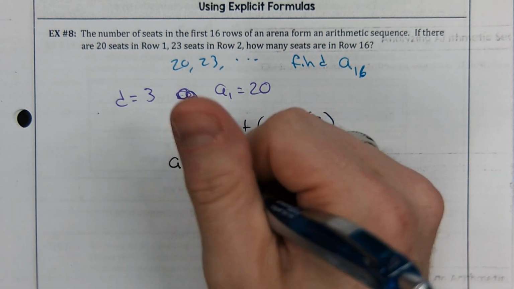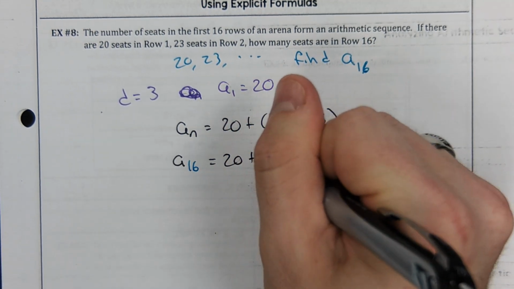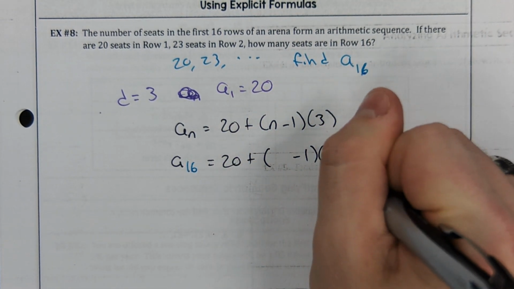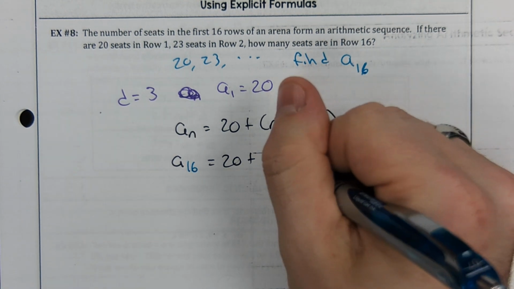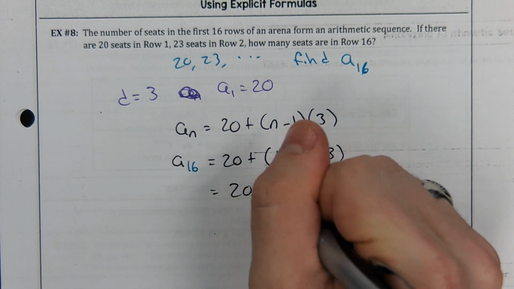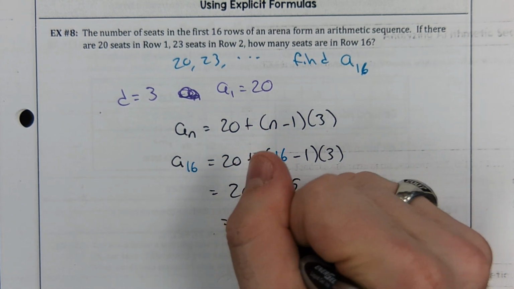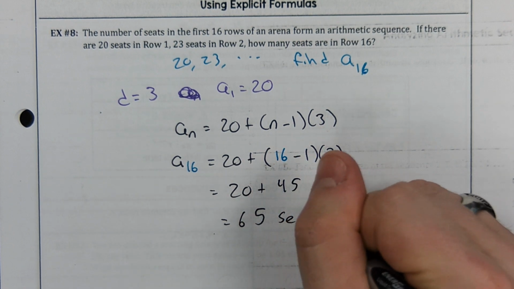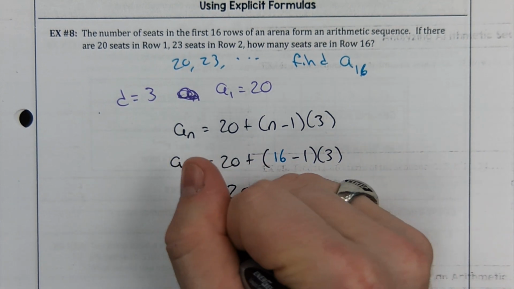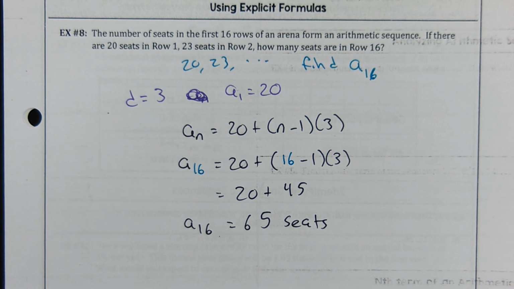So row 16 is 20 plus 16 minus 1 times 3. That is 20 plus 15 times 3. There are 65 seats in row 16. How about that? Easy peasy, huh?